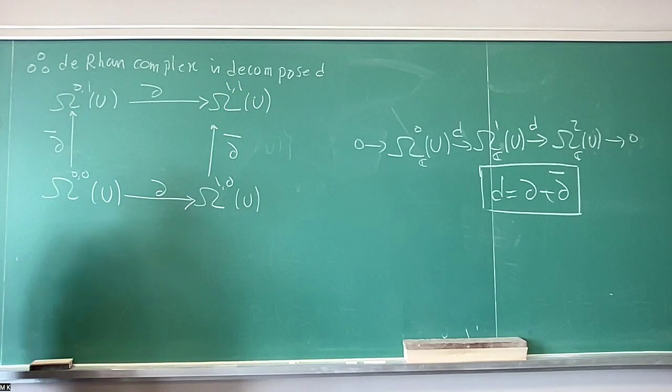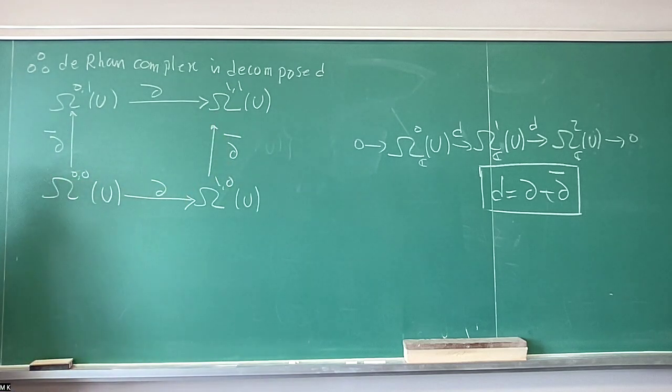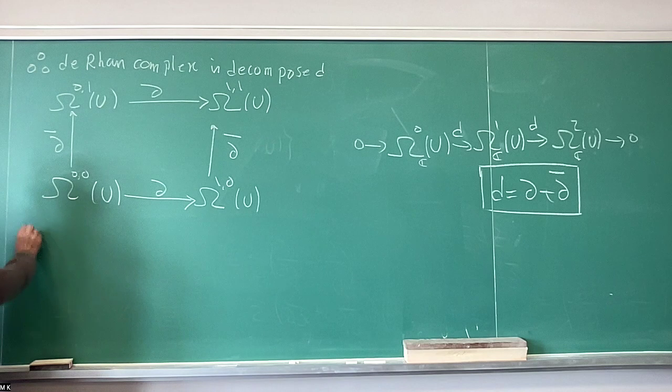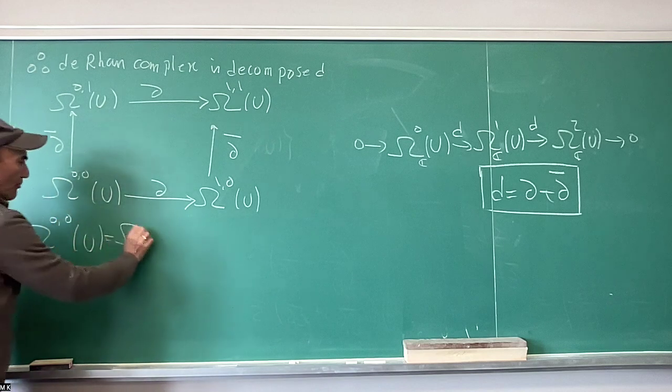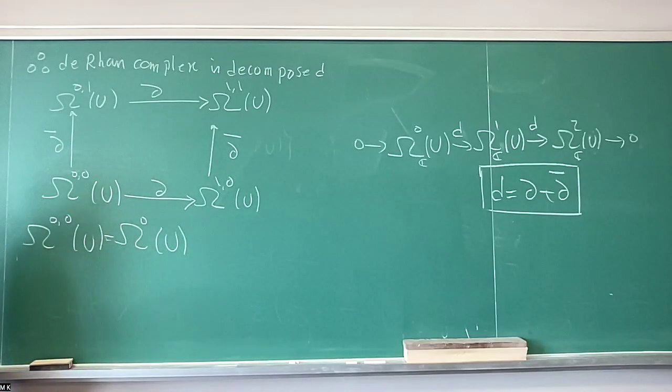Okay. So again, the only thing I have to define now are this term and that term. These are very easy. Omega 0,0 of U is just omega 0 of U, just smooth complex-valued functions.